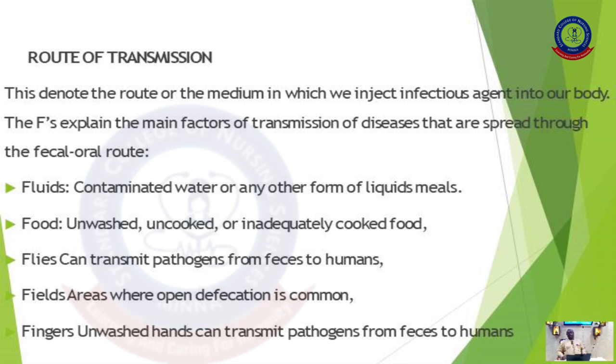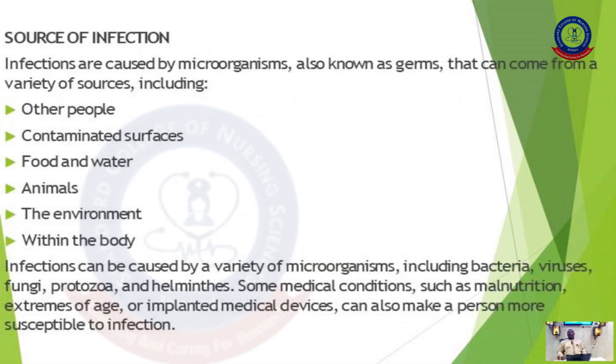We can explain this as, yes, sources of infection can come from other people if they are already infected with a particular disease or infection. They can transmit that infection to another person, either by defecation or body-to-body contact, or sharing utensils, through saliva, through spoons, or even during sexual intercourse.